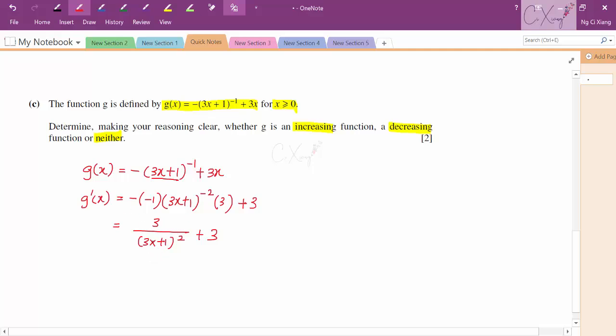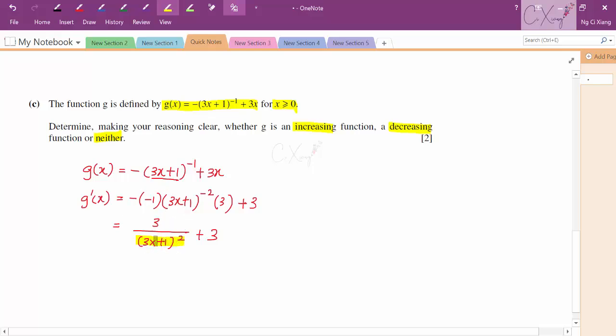When you substitute any value of x into this g prime x, it tells you the gradient of the tangent. If we have a look in detail at this part, when you have a bracket with a square outside, it means that this whole bracket always gives you a positive value, because we are having a square. No matter what the value of x is, this whole bracket with a square outside will be a positive value.